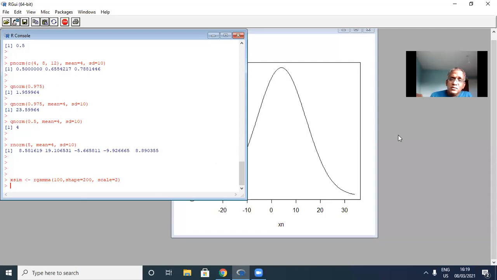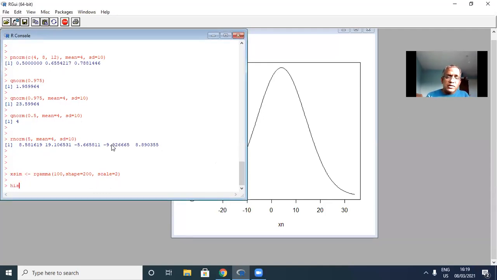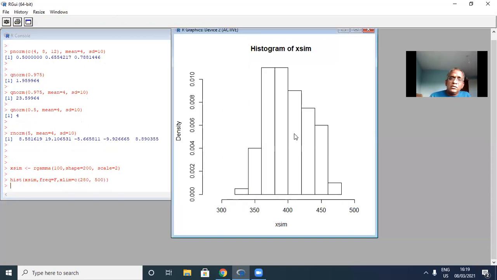Now I'm going to do a histogram of the simulated data, with freq equal to FALSE. And let's take the limit of the x-axis to range from 280 to 500. So this is what you get.